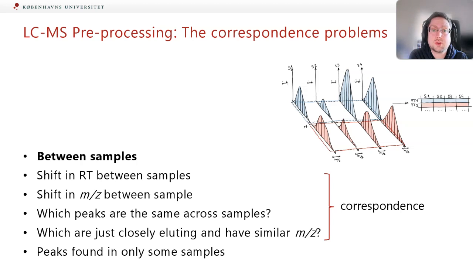It can be difficult because we don't want to declare that two peaks are the same across samples if they just happen to be closely eluting and have approximately the same mass. So a compromise needs to be found between merging things that are not the same and not realizing that two peaks in two different samples are the same just because their mass and retention time vary slightly.